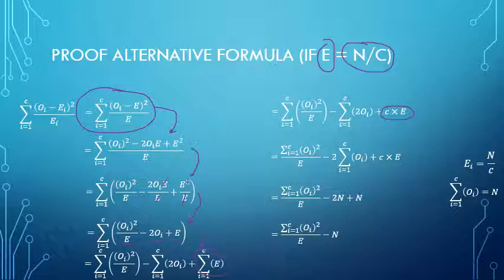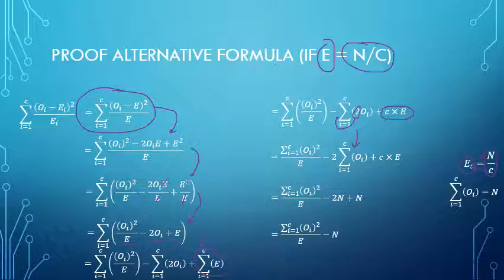And also here I have a 2 times, which I can simply move up in front of it, and that's what I've done here. Now because we have n divided by c equals e, we can also say that c times e will give me n.